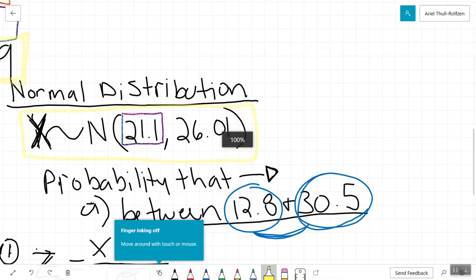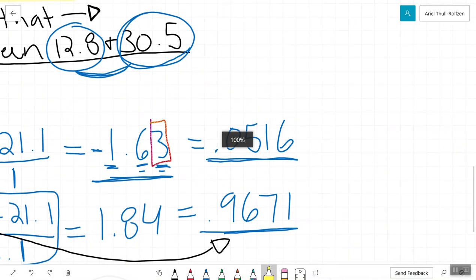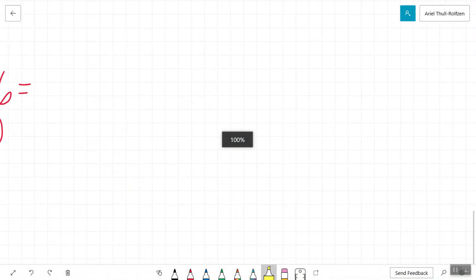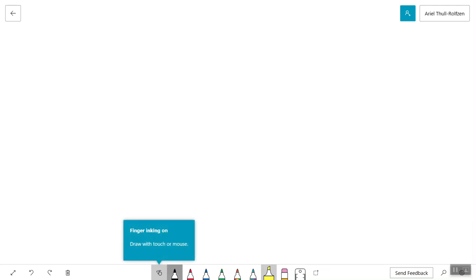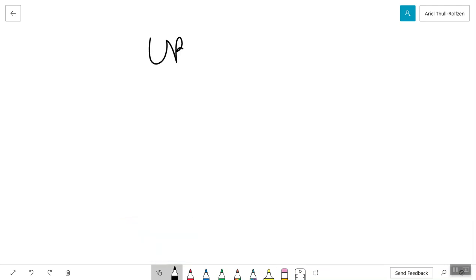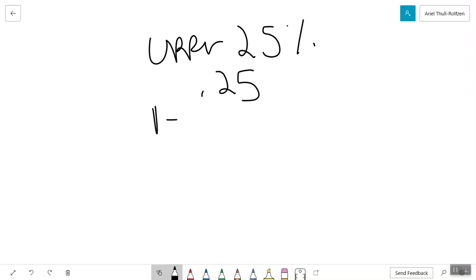So when it's saying that it wants us to find that upper 25th percentile, we convert it to 0.25, we have to take that 25th percentile, that 0.25, and we have to subtract it from 1.